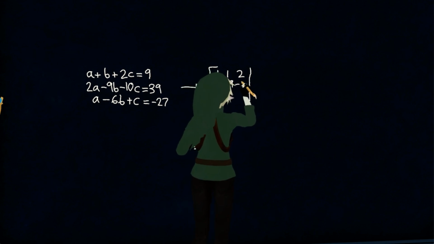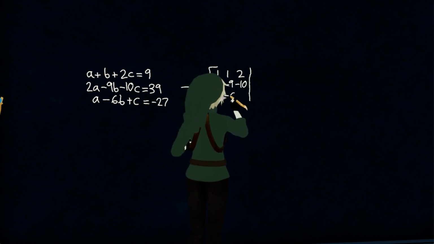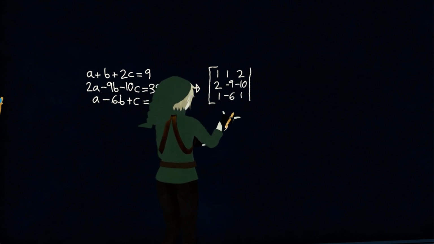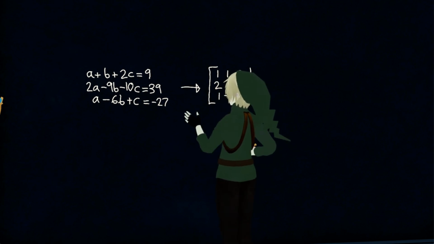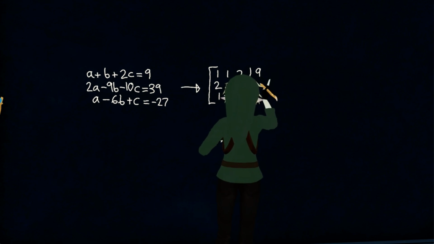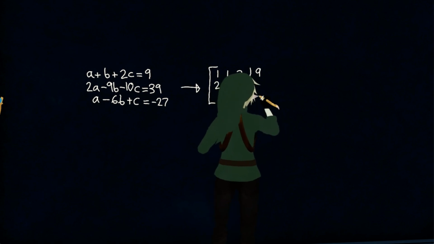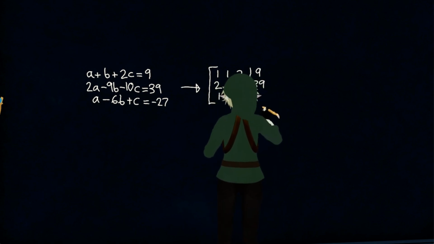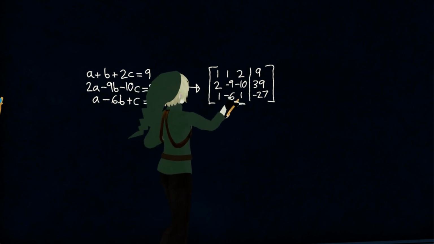We got -10. These are some very nasty coefficients to deal with. And then 1. Okay. So we have this, all right? And then here, it's these numbers. So this is like a vector, pretty much, right? We have a column here. This is 39. This is -27.